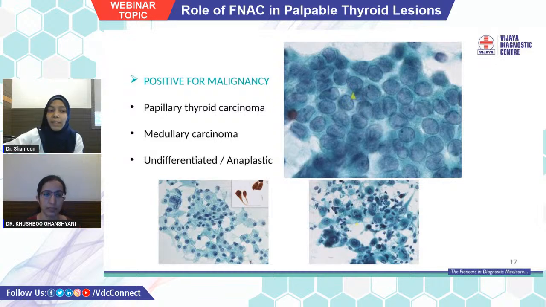I would like to share why they are called Orphan Annie-eye nuclei, because the nuclei look optically clear with margination of chromatin towards nuclear borders and a central clearance, as we all know. This is more appreciated in histopathology, but we can also see those inclusions in FNAC or cytology smears.